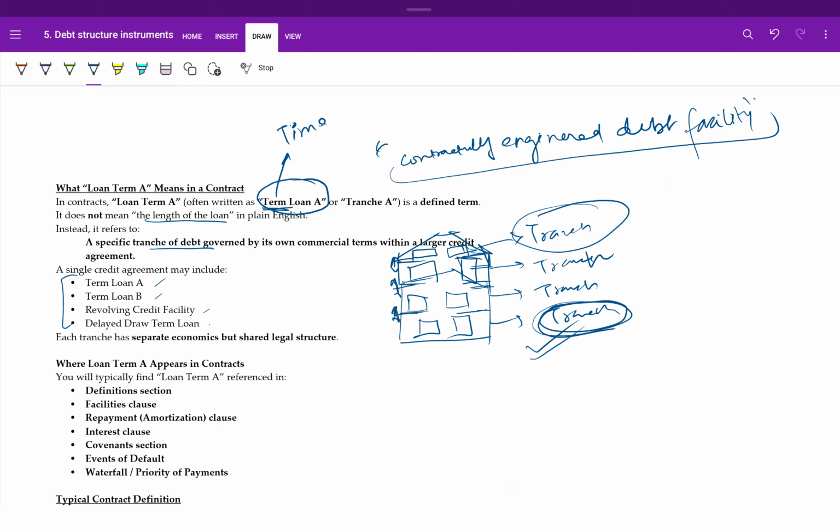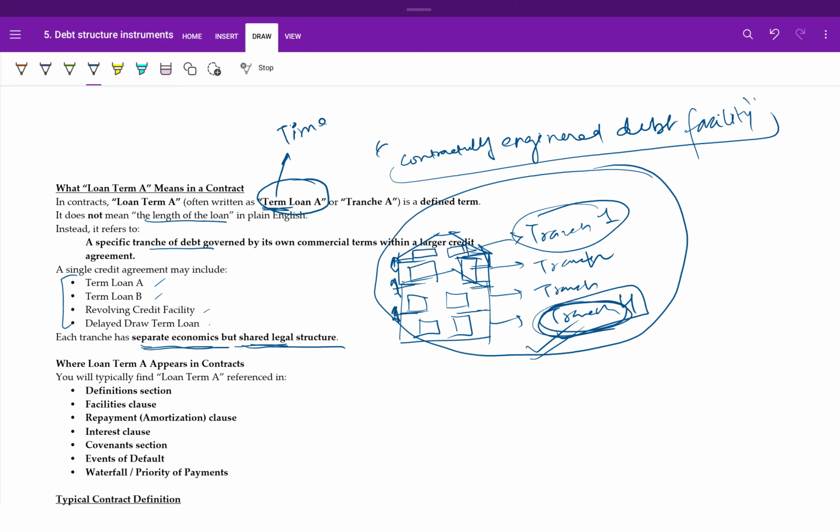How tranche one is working is independent of how tranche four is working. They are contractually structured together, but functioning is independent. This creates separate economics but a shared legal structure. That's what this diagram is trying to explain.